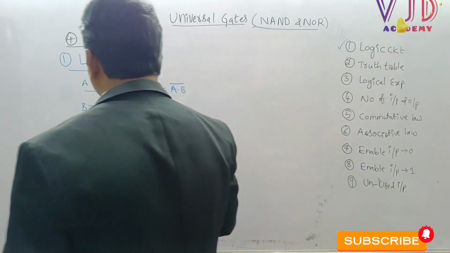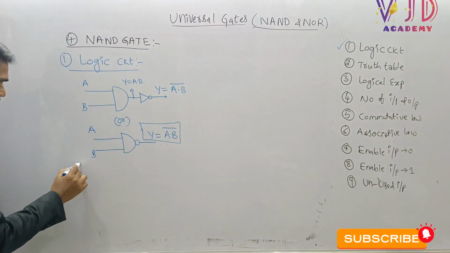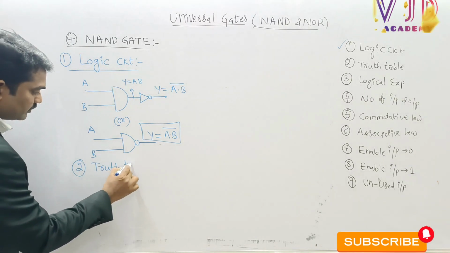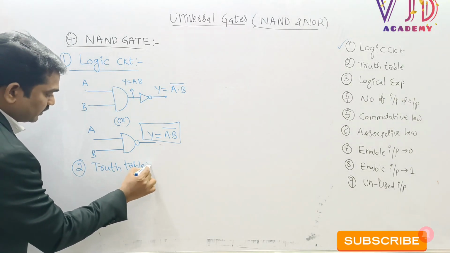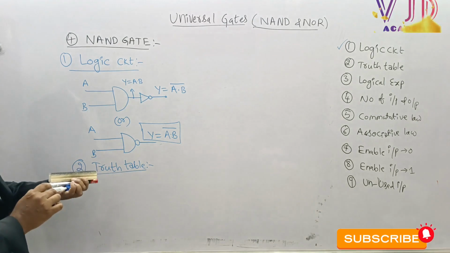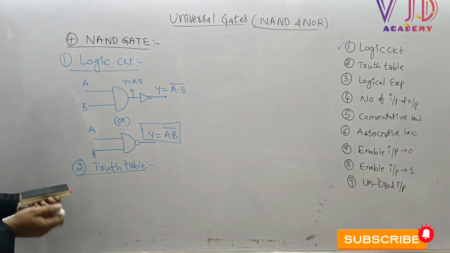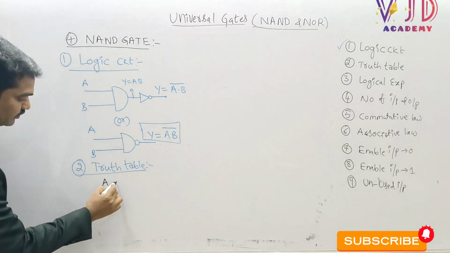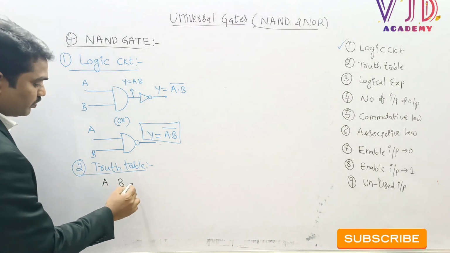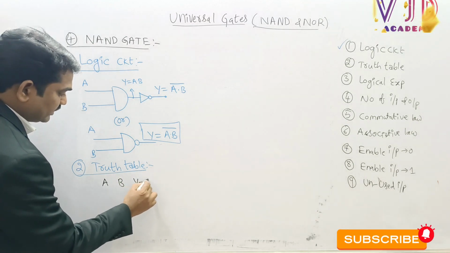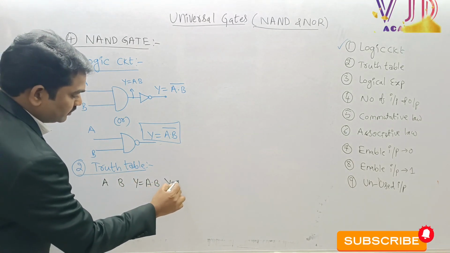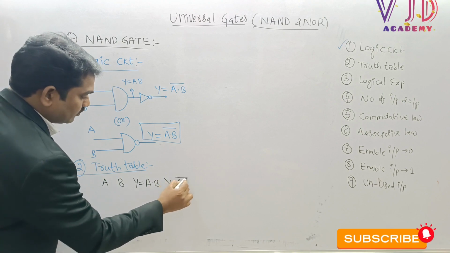The next thing is truth table. Here is the truth table of NAND gate. We have two inputs, A and B, and the output Y equal to A B whole bar.